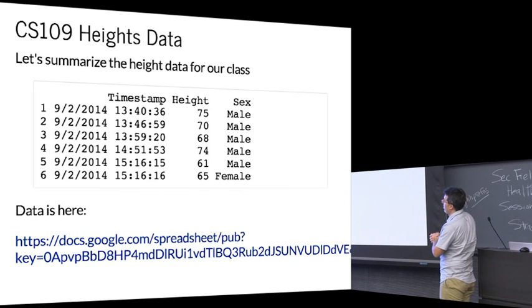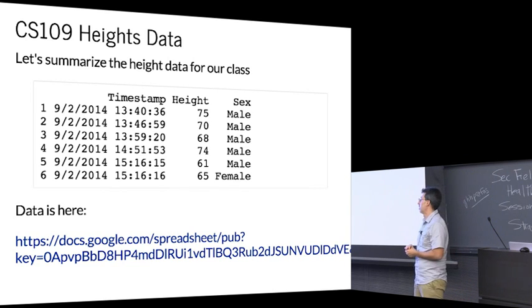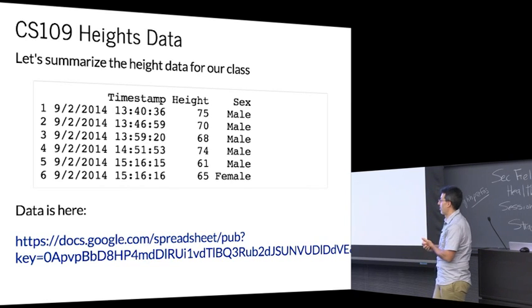These are the heights that were entered by you in the last class, and what we want to do is summarize the heights of this class to somebody who's outside and wants to know how tall we are as a class. So how can we do that? How do we do that?